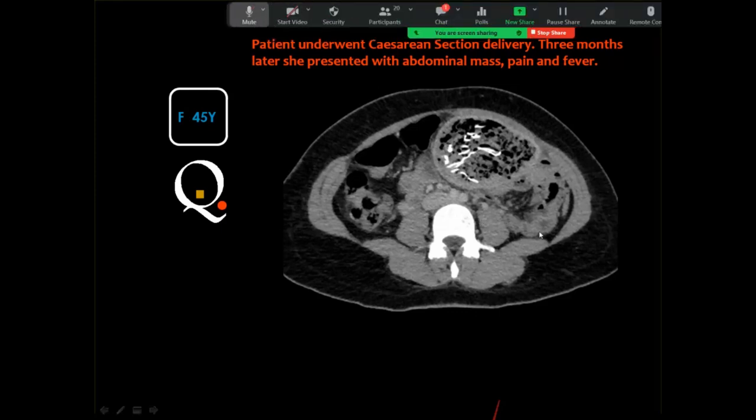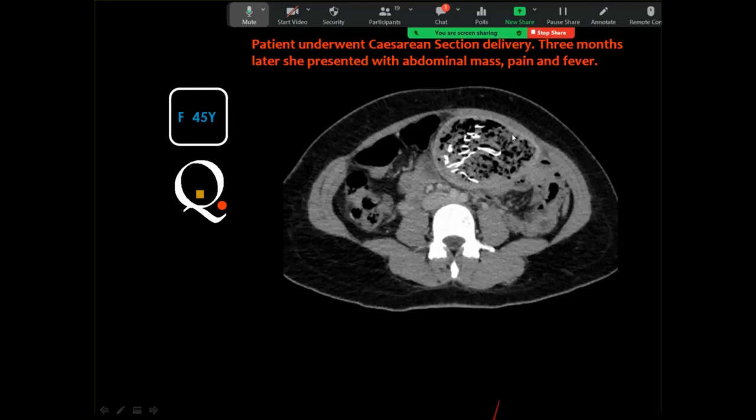Okay. And this is retained gauze. How can you know this missed towel is by the presence of radio-opaque material, which is present in every surgical gauze to identify it even by the plain X-rays.